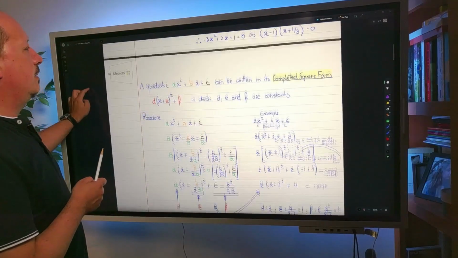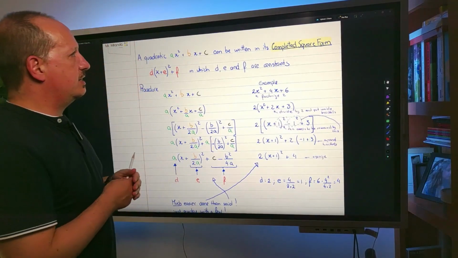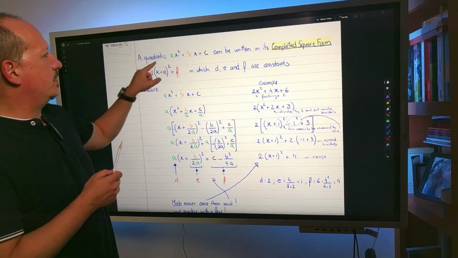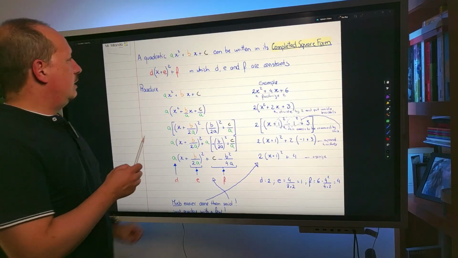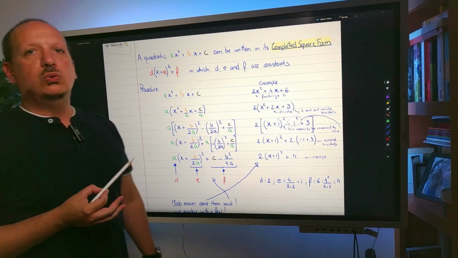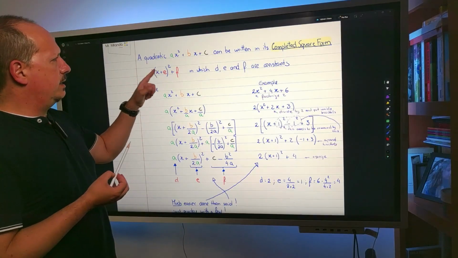What about the completed square form? This is not a factorization. This is a way of representing the quadratic from this way into something like this. Okay? In which D, E, and F are also numbers. Okay? So how do you come to get these numbers over here?